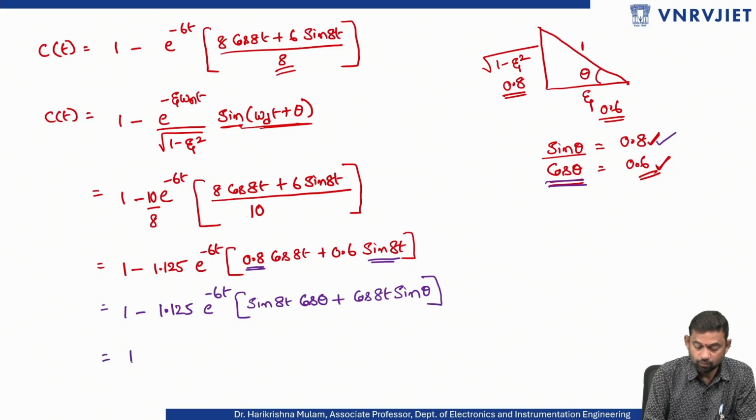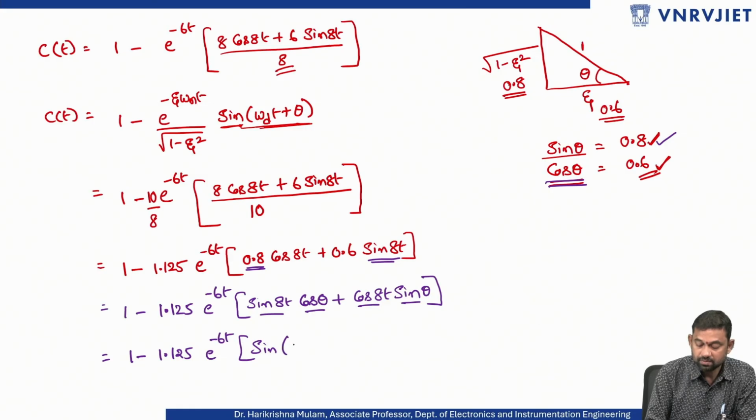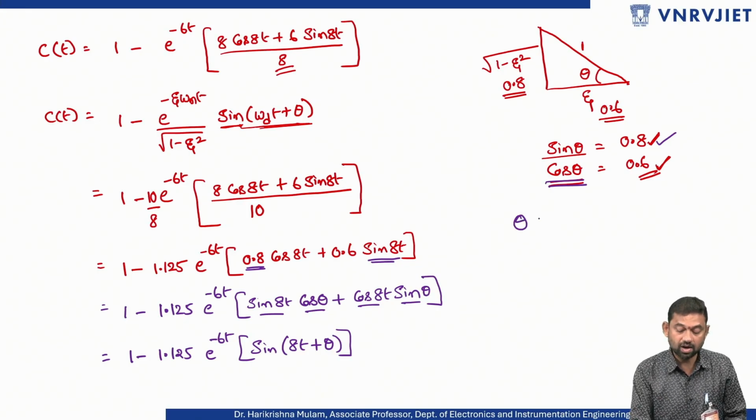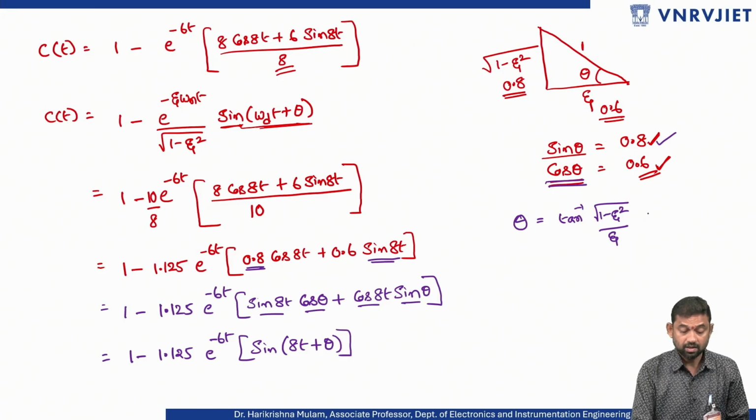That is equal to 1 minus 1.125 e power minus 6t into sin A cos B plus cos A sin B, which is written as sin (A plus B), that is sin (8t plus theta). But the theta value, we have already found using this formula, tan inverse of square root of 1 minus zeta square by zeta, which has come around 0.926 radians.